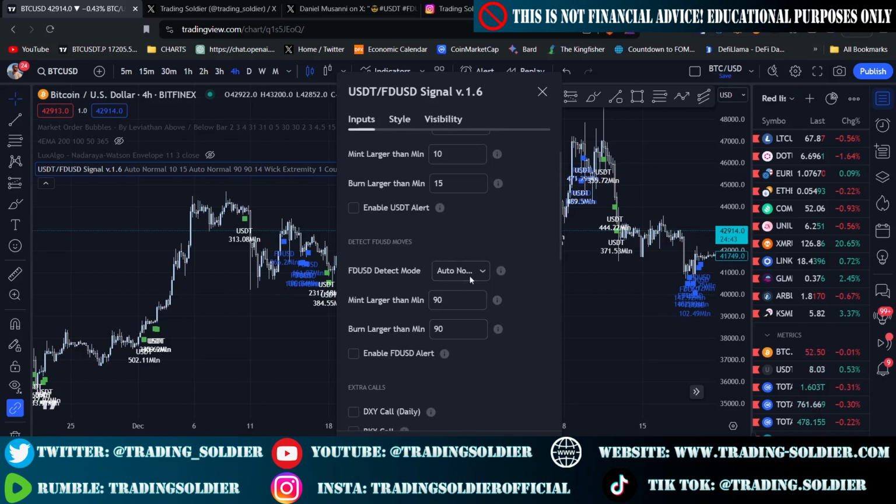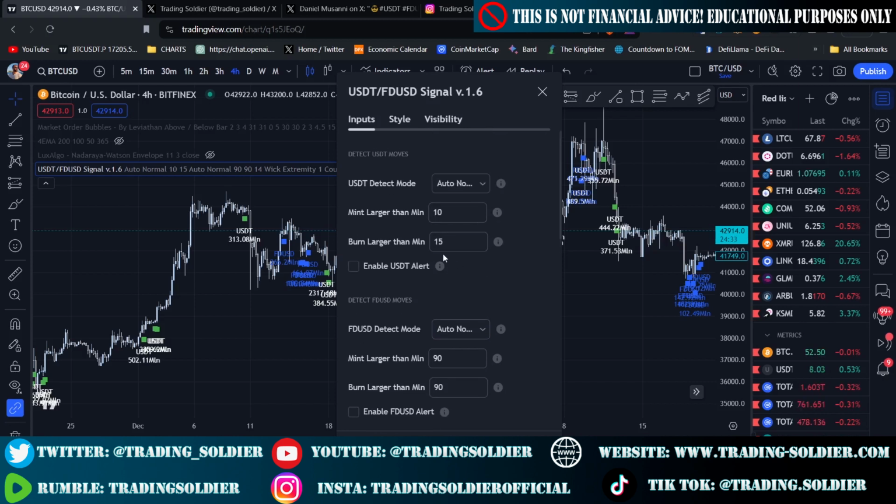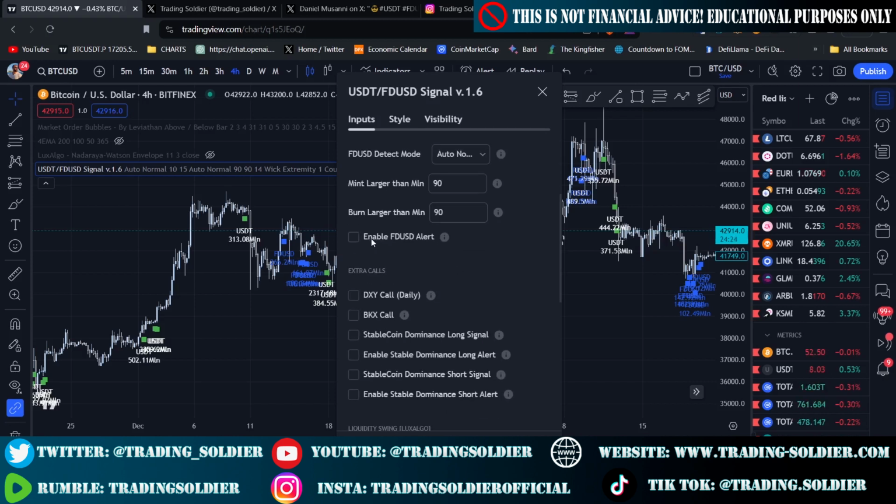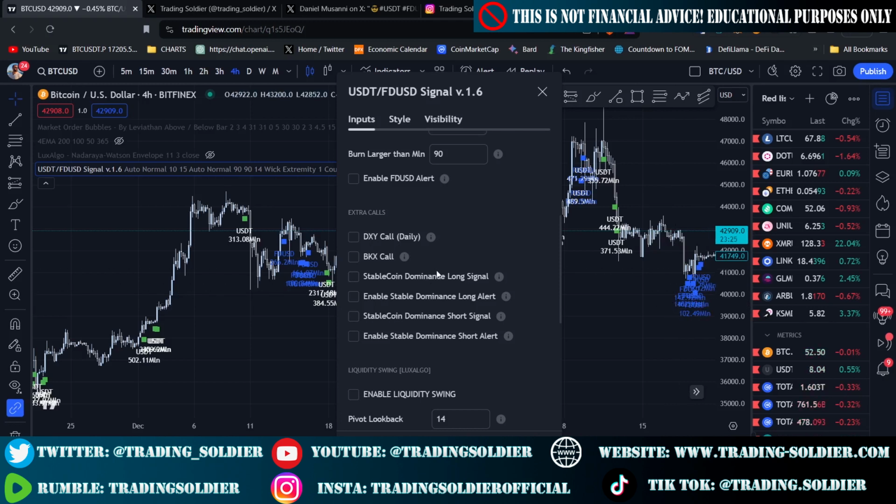And you can do the same for FDUSD. You have to enable the auto normal option, and here the default values are 90 and 90. Here in USDT they are 10 and 15. And you can also enable the alerts for TradingView to give you an alert every time FDUSD is being issued into the market.